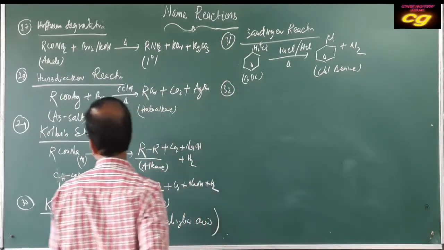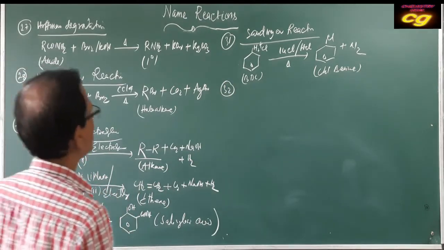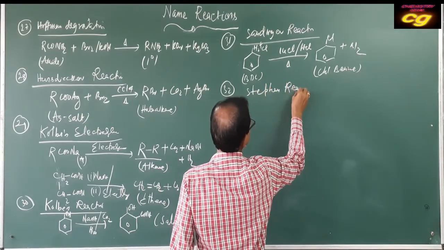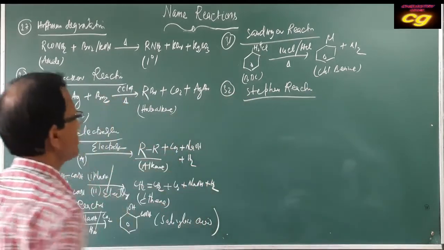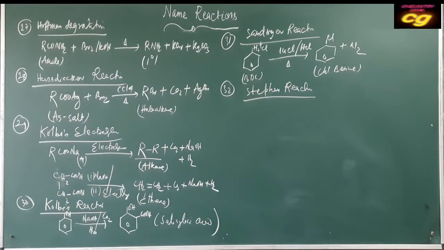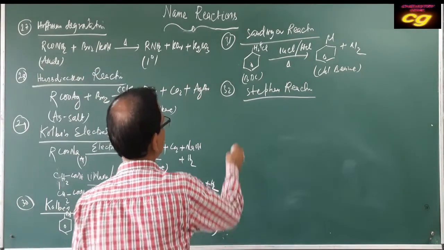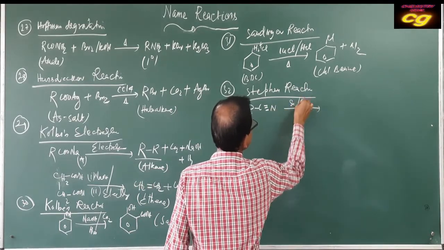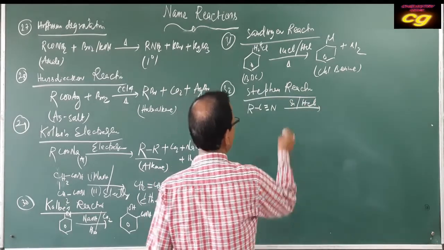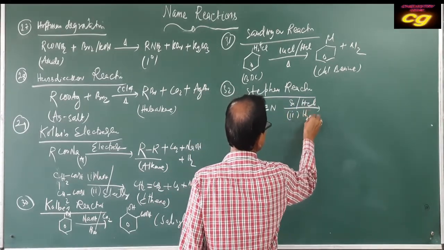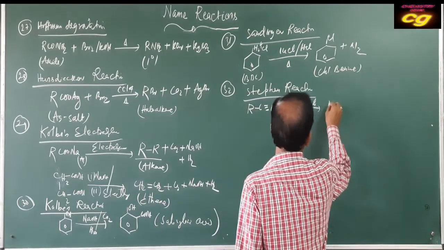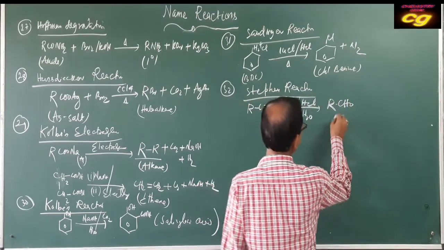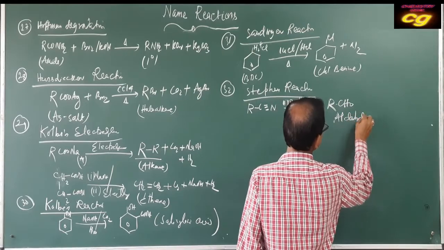Then 32, that is Stephen reaction. Here a nitrile, R-CN, is treated with SnCl2 and HCl, followed by hydrolysis, forming RCHO, that is an aldehyde.